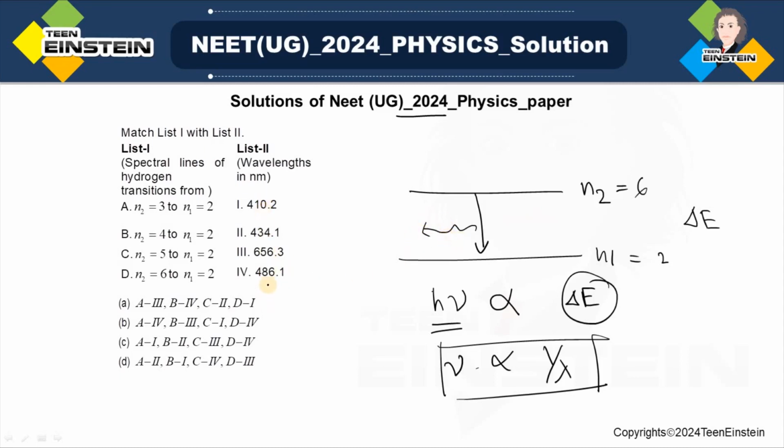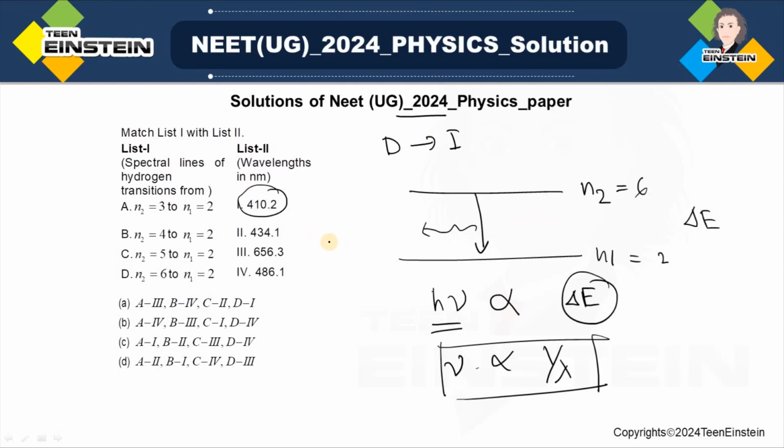So you have to find out the least wavelength here, and that is given by this one. So this is the least wavelength. This will be obtained from this particular transition, 6th state to state 2. So I can say that D matches with 1.